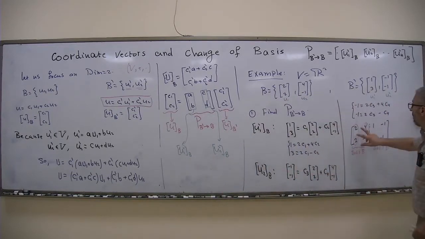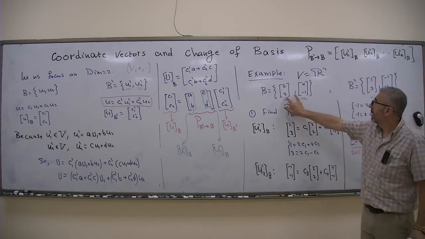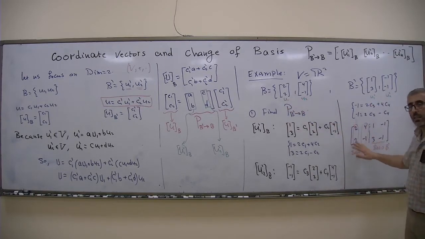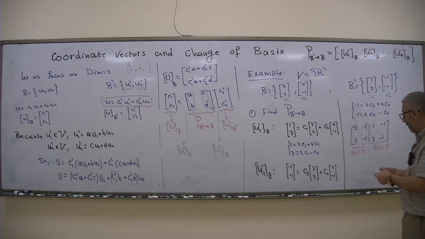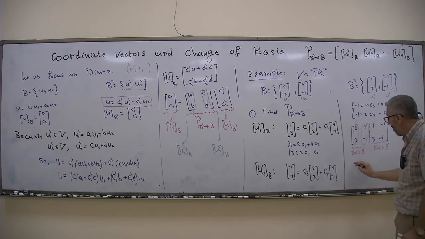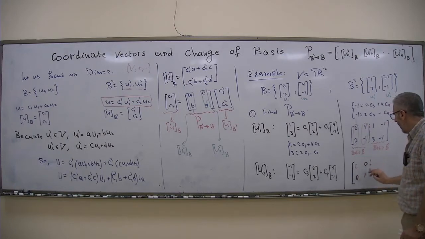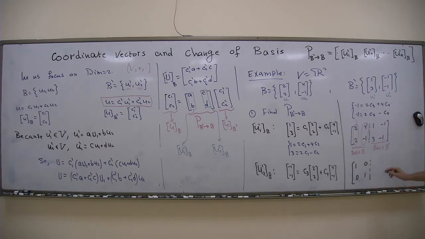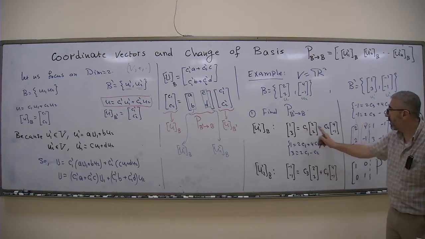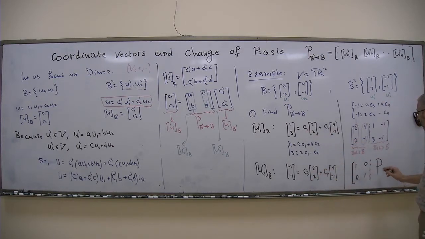Now we know this is a basis. So those are linearly independent. So this matrix here, when you do reduced row echelon form, is going to be 1, 0, 0, 1. And what you get here, you are going to get the matrix that you are looking for, because that will give you C1, C2, C3, C4. So that is going to be B prime to B. Let me write it, and then I'll do one more step.